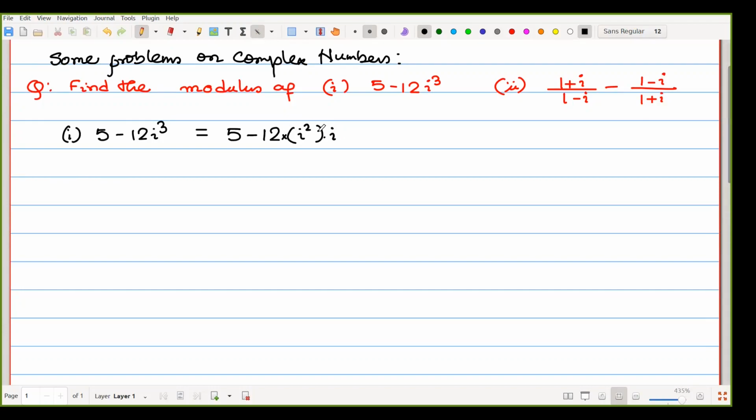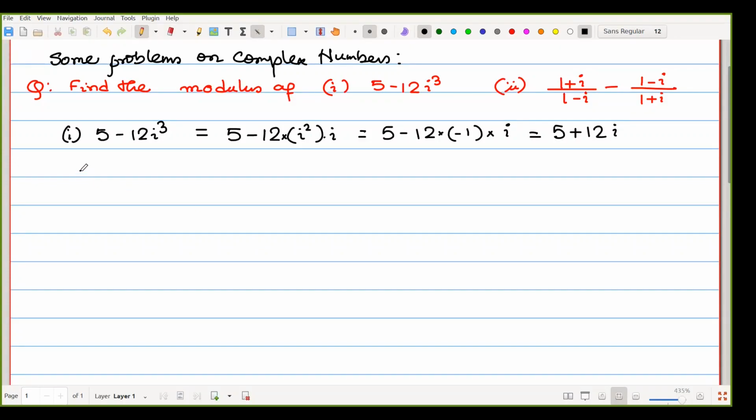I square means it is minus 1. So 5 minus 12 into minus 1 into i, or we can write it as 5 plus 12i. So (5 minus 12i) cube is now becoming 5 plus 12i.